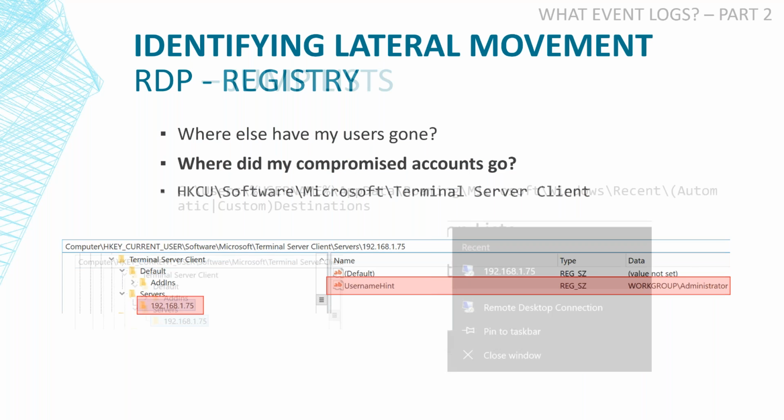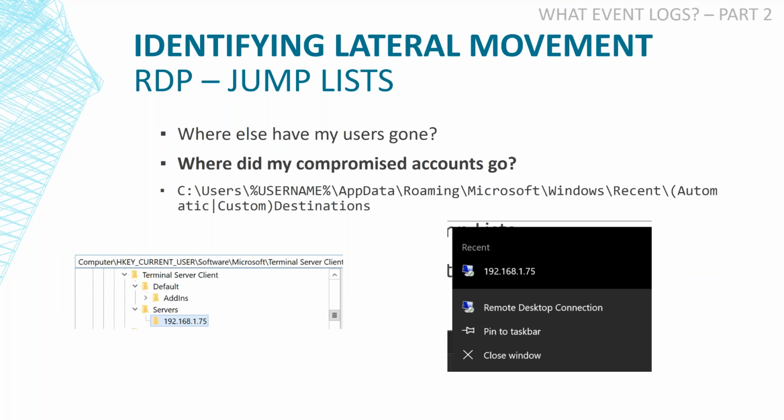You're also going to get some of this information stored inside of jump lists as well. If you've used a Windows 7 or above system, depending on the different settings, you may be used to jump lists, which, as I'm sure a lot of folks are familiar with, all you do is hover over a particular executable.